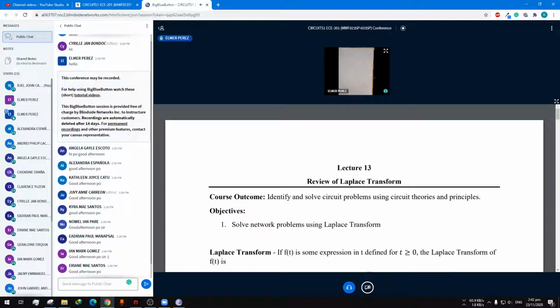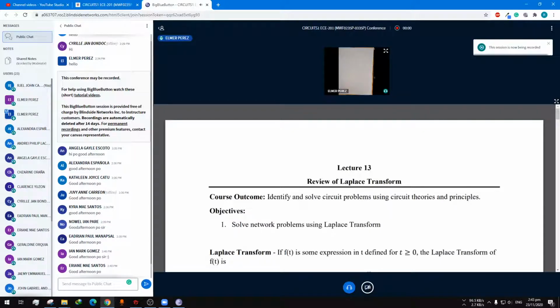Okay. So let's have a review of the Laplace transform in solving circuit problems. So we will solve network problems using Laplace transform.